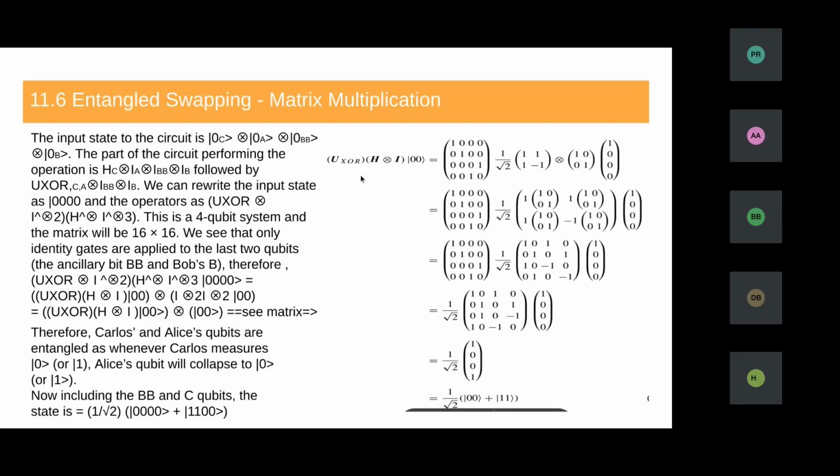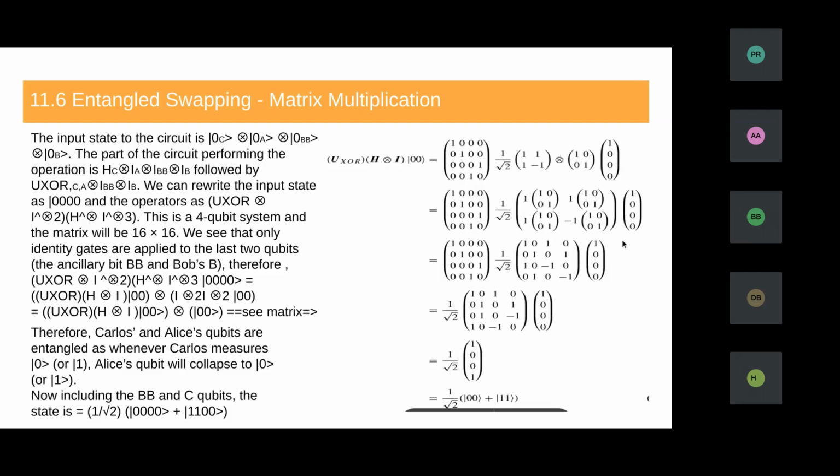So he is taking the operator, which is the UXOR operator. Here you can see the flip is at the third and the fourth, and then he is doing a tensor operation with respect to 00, and that is 2 qubits at the 0 state, so it is 1000.